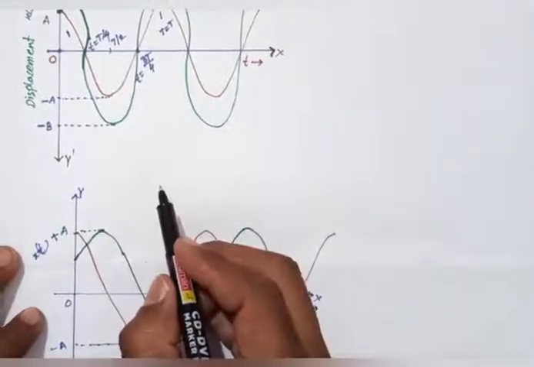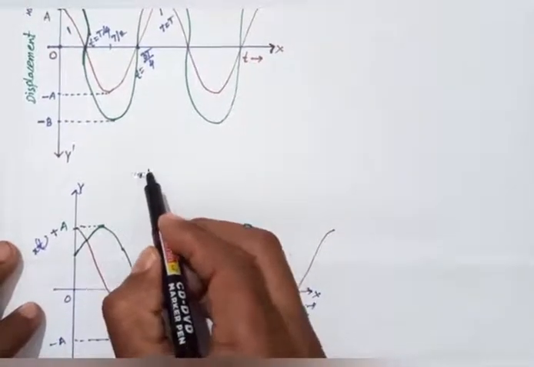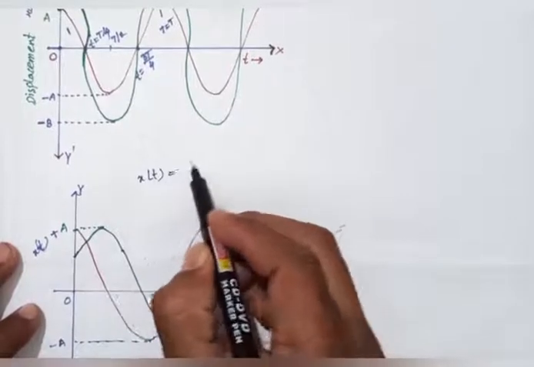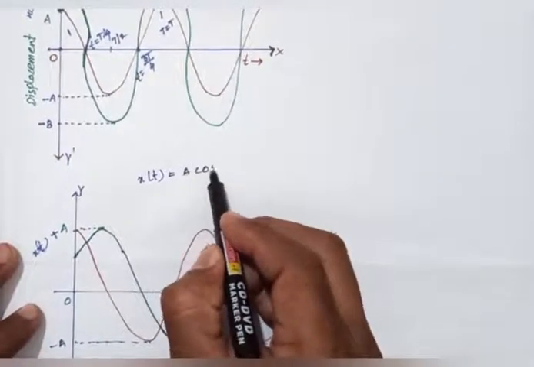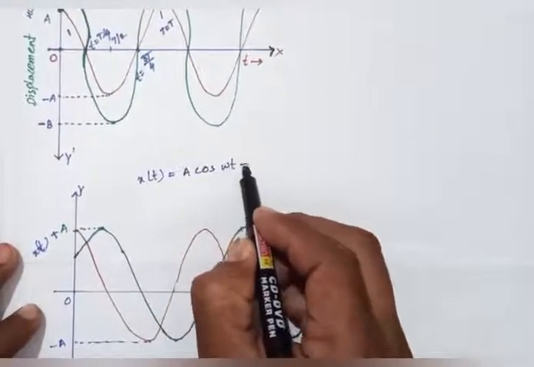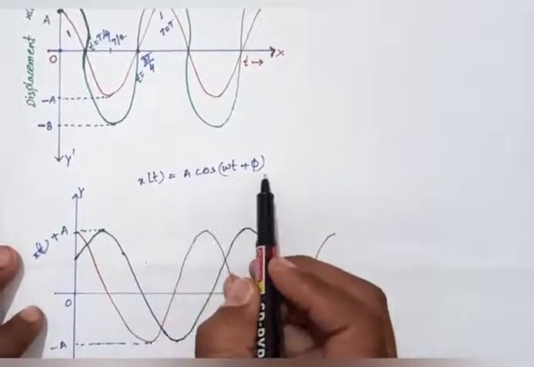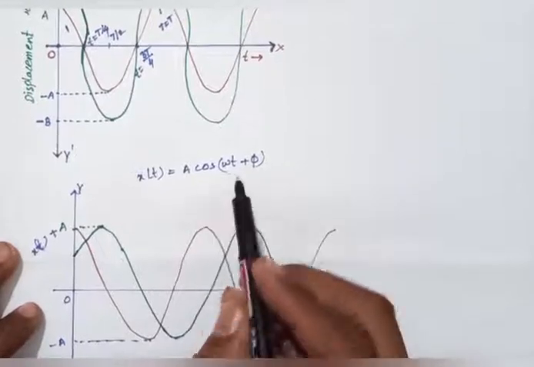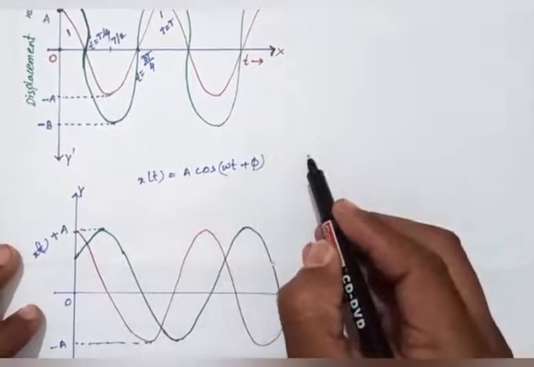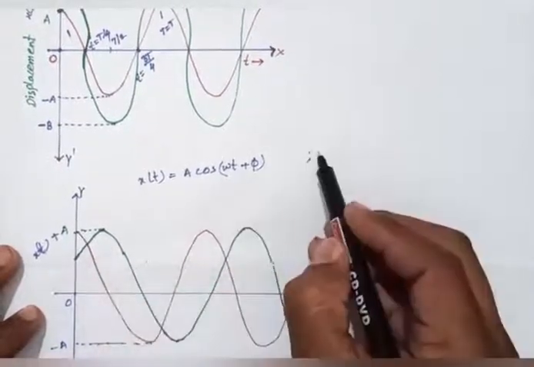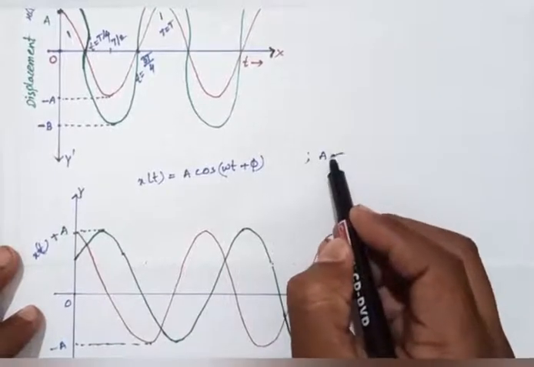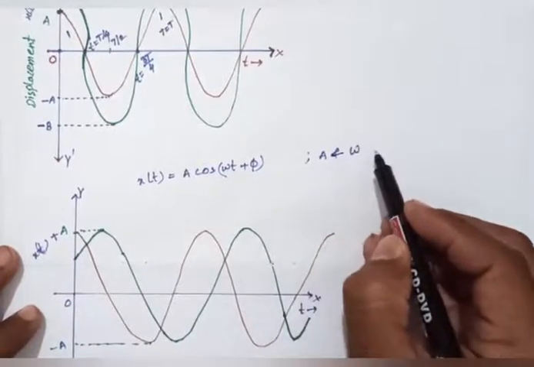So what is the equation? x of t equals A cos(omega t plus phi). Here omega is constant, so the amplitude and angular speed are both constants. This is particle 1 and this is particle 2.